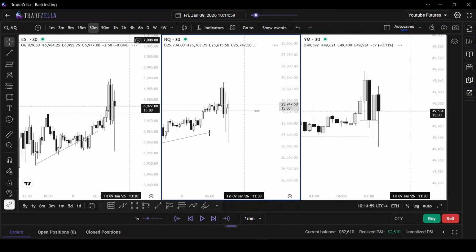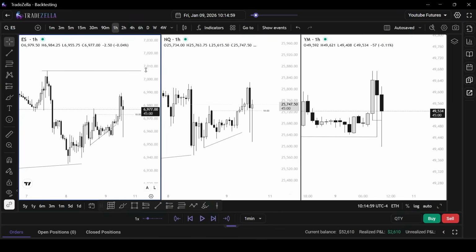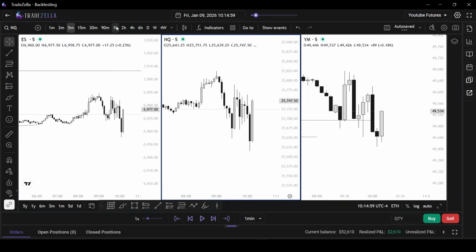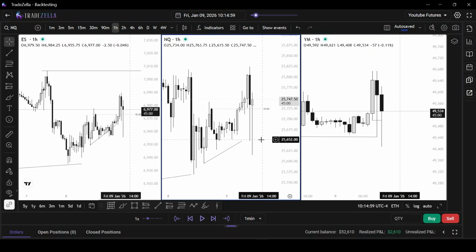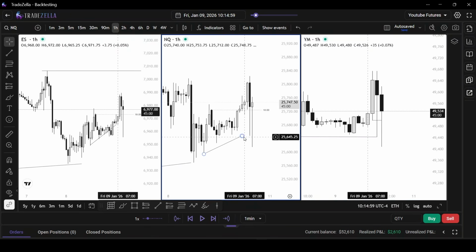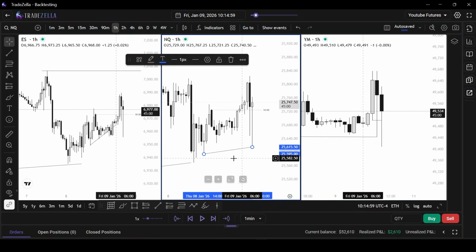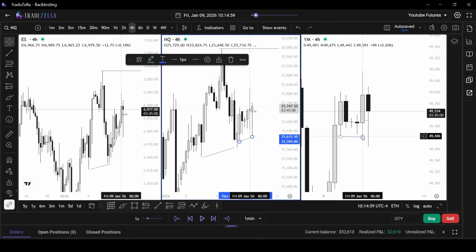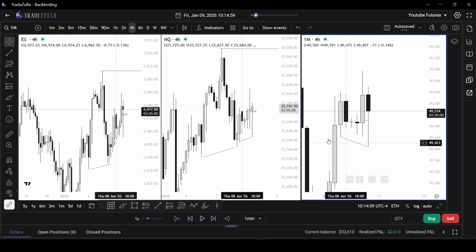So we have another manipulation here. Take a look at this on the 5-minute. What can we see? We are seeing a reaction from here. Right, we got the SMT here.